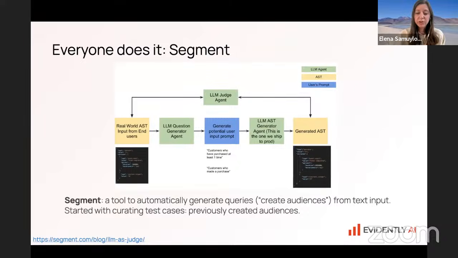And to start working on this project, they first pulled real audiences that users previously created. Then they generated potential questions that they might be asked to generate this audience, and then they tested against this baseline. So basically, they started with curating a test data set with known good responses to possible questions. And this allows you to iterate on the quality of your system.